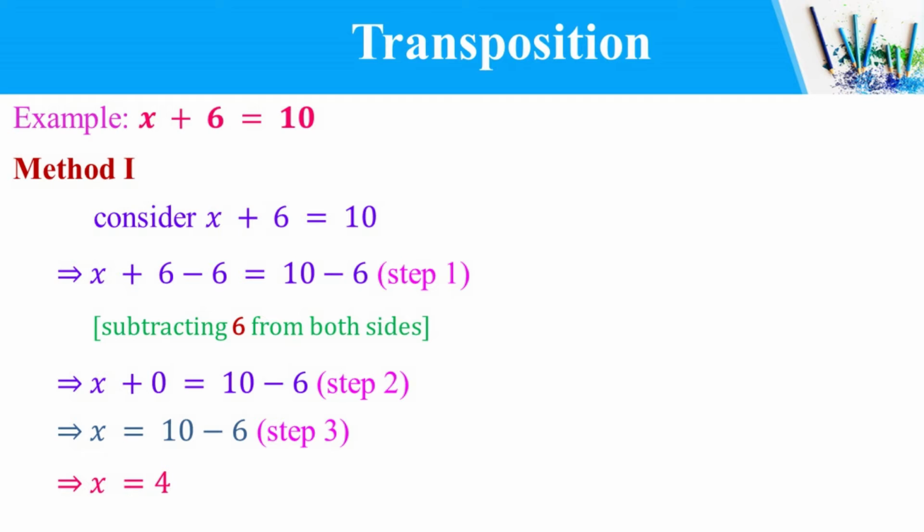It is important to understand that we do not transfer any term from one side to the other side of the equation, but we subtract the same term from both sides. However, to reduce the number of steps in the solution, we skip the two steps, step 1 and 2 in method 1, and call this procedure the transposition method.